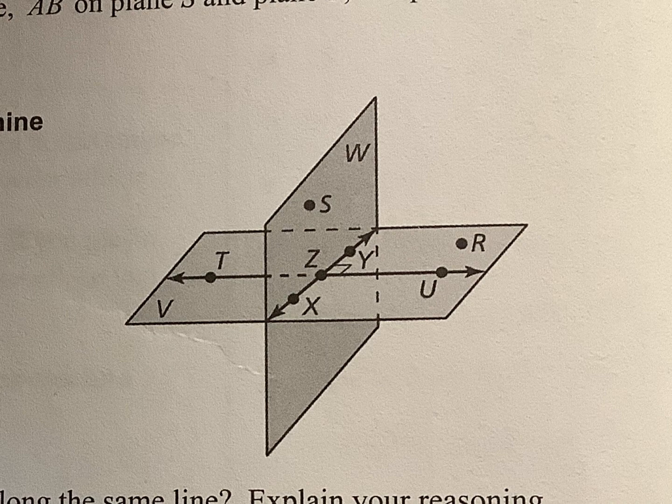Okay. Line TU lies in plane W. No. Absolutely not. It lies in plane R. Plane V. Oh, wait, no. Wait, how do you know if it's R or V? Oops, wrong one. There's a letter without a point. Yes. Okay. All right.